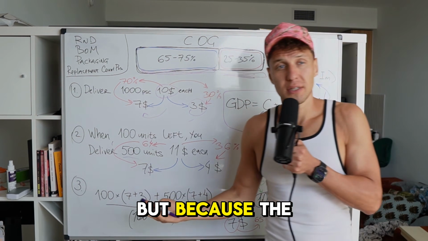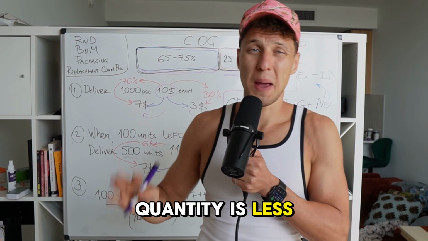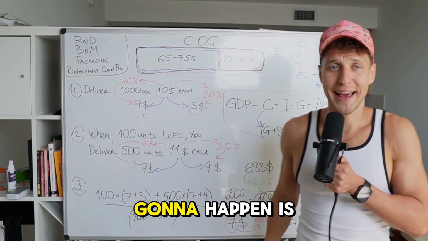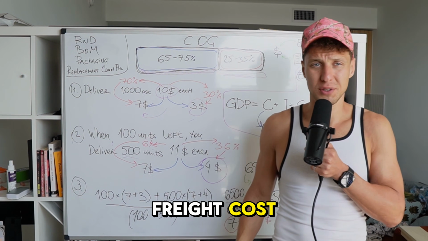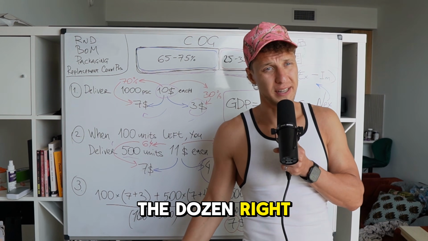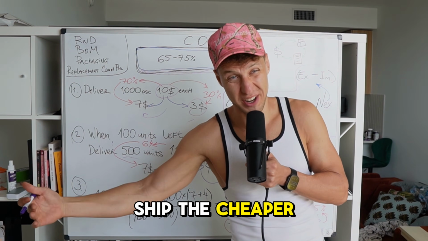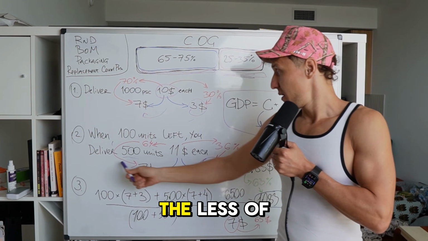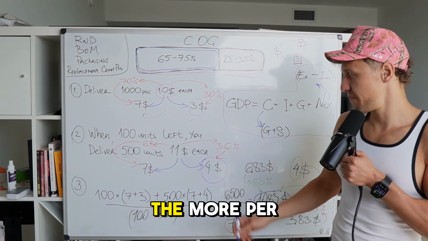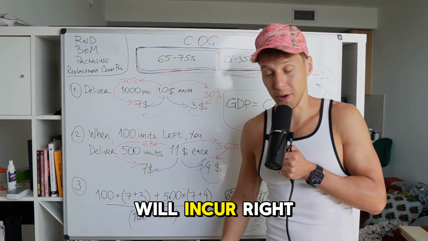But because the quantity is less, most likely you're going to be charged more per unit for the freight cost, right? Cheaper by the dozen. The more you ship, the cheaper it gets, and it works the other way around. The smaller the amount you deliver, the higher the per-unit cost you incur.